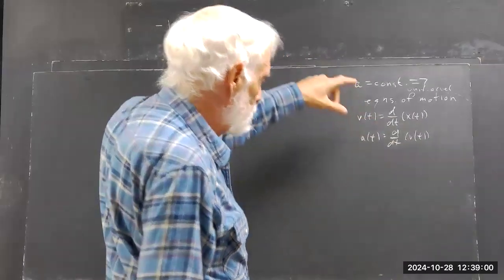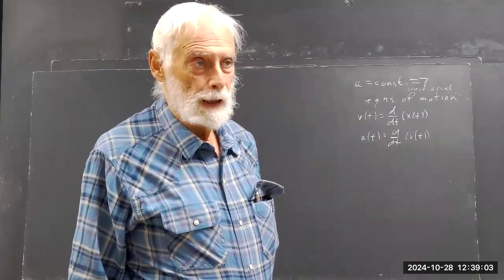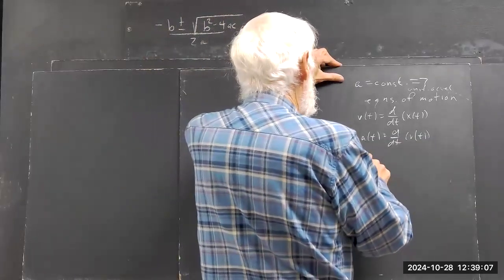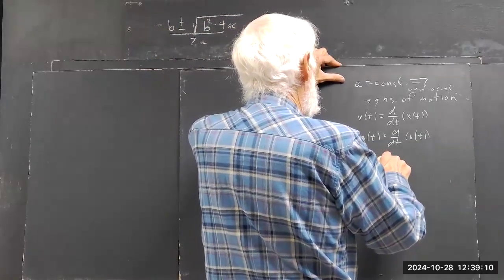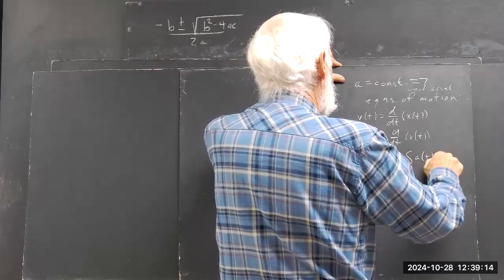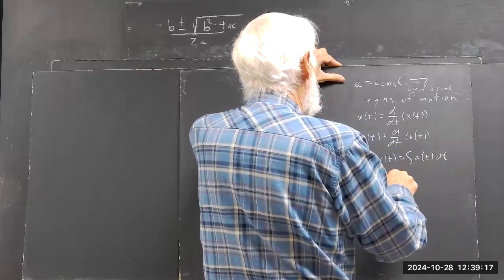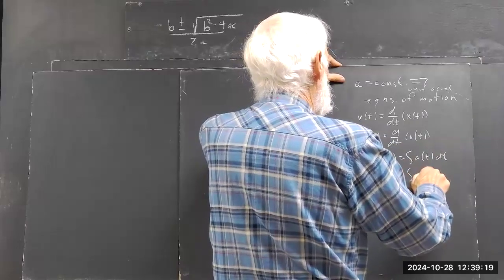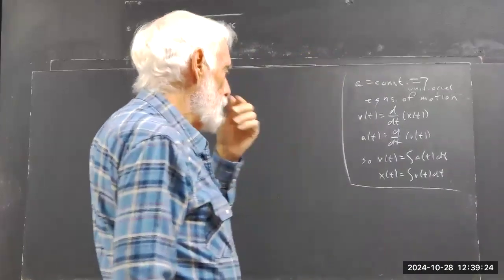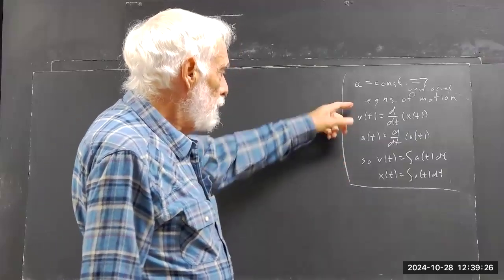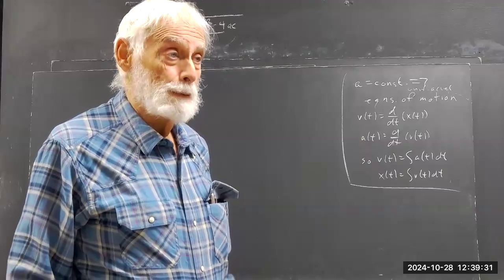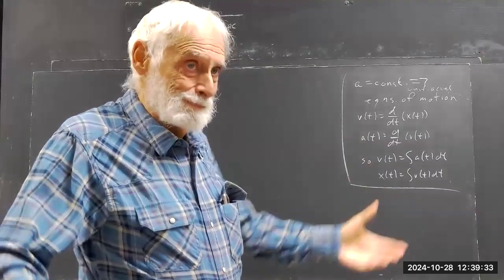Velocity is a derivative of position, acceleration is a derivative of velocity, right? Okay, so that's good. And I'm not sure you're going to need the derivative and integral relationships on this test, but you are going to need them in the course.